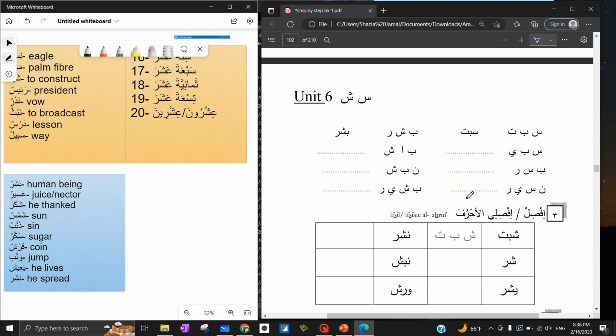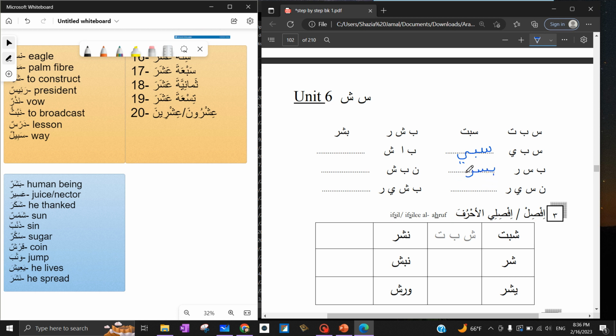So here let's see. Seen with the tail, ba, this is ba and the ya. Then ba, seen, then the tail and then small above and then below the line ra.